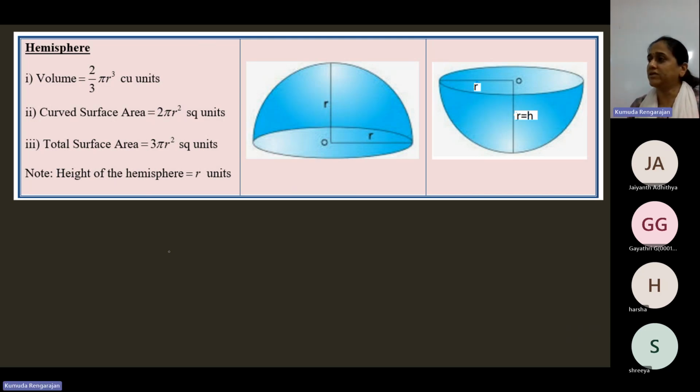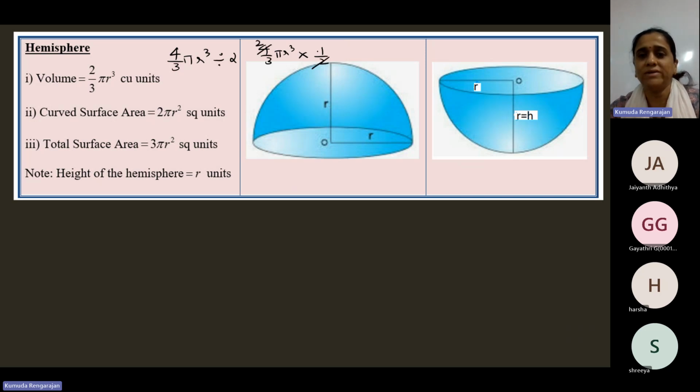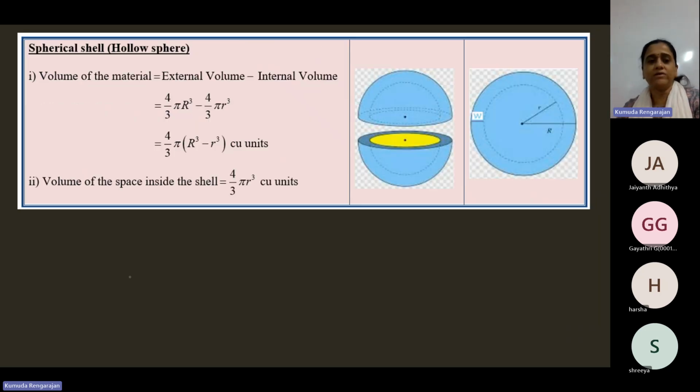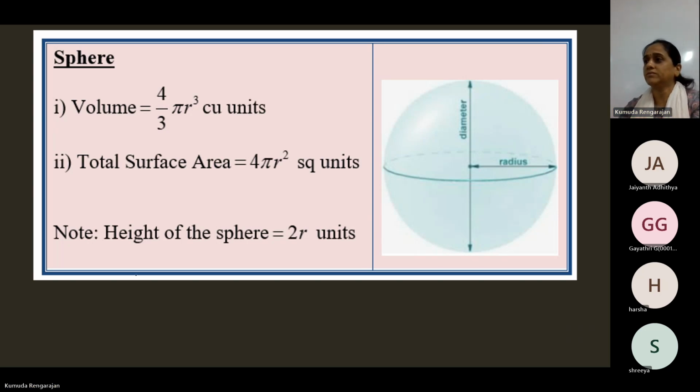Volume is 2 by 3 pi r cubed. That is 4 by 3 pi r cubed divided by 2. Division becomes multiplication by 1 by 2. So 2 ones are 2, twos are... So 2 by 3 pi r cubed. It's half the volume of a sphere. Sphere is 4 by 3 pi r cubed, right?